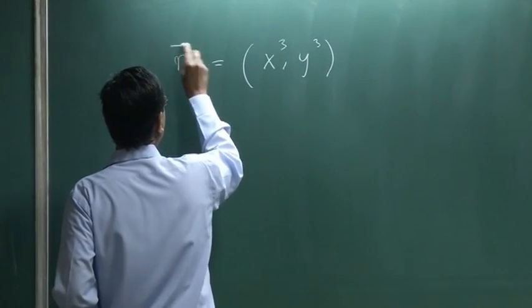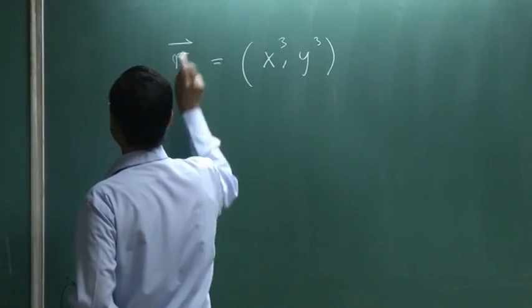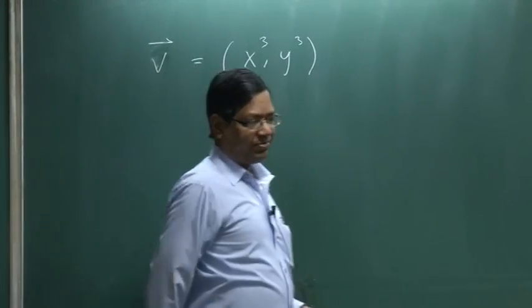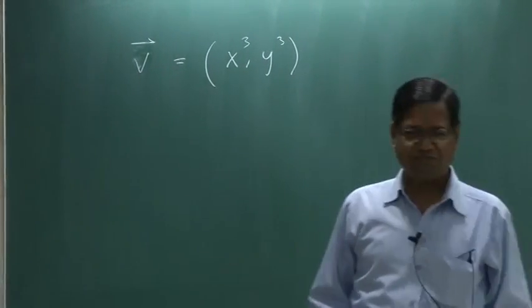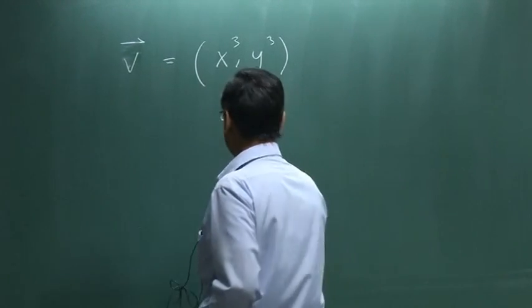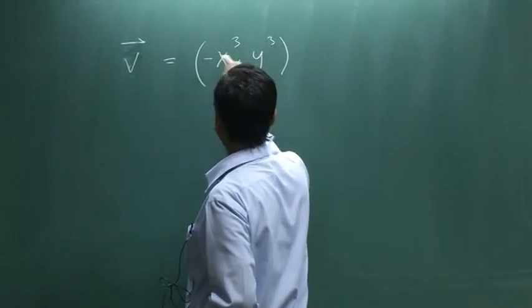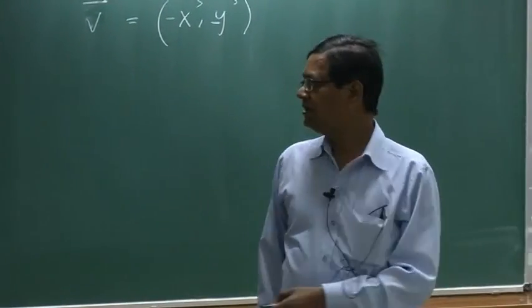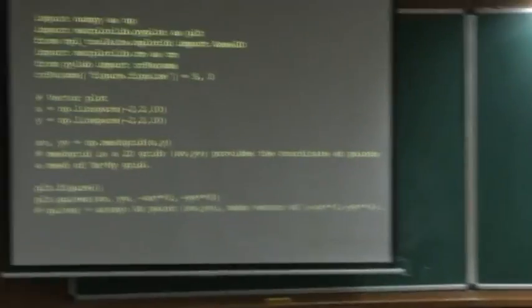So, I am plotting vector v, which is this. Suppose somebody asks you to do this vector plot with a minus sign, I have a minus sign here. So, let us see how to do it.